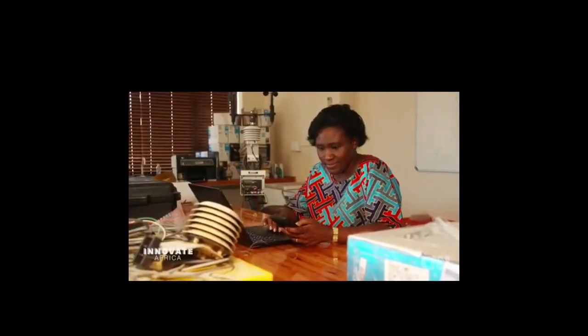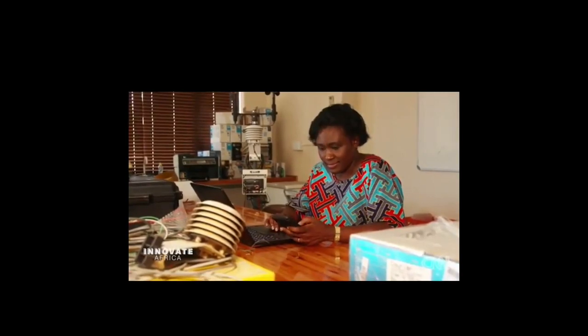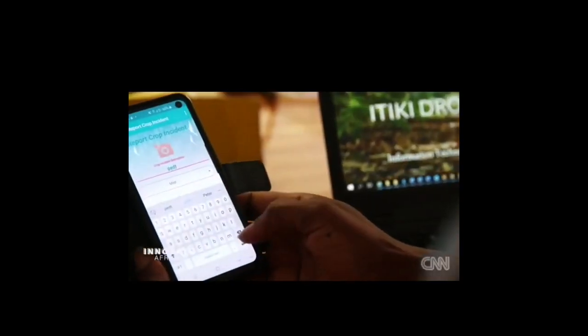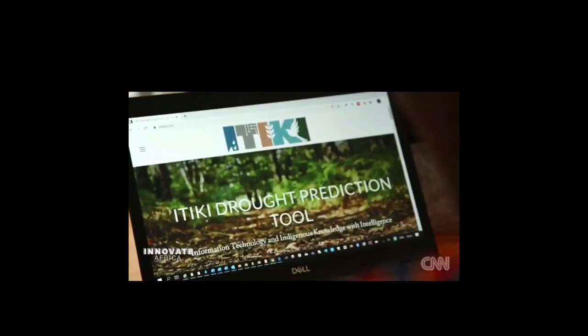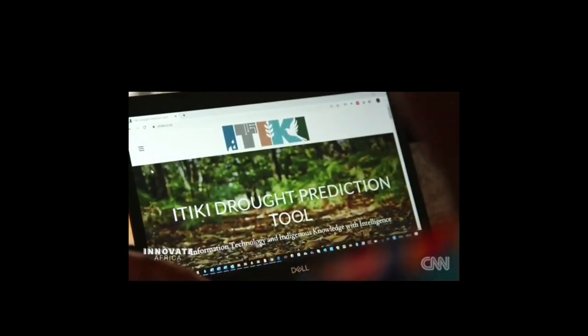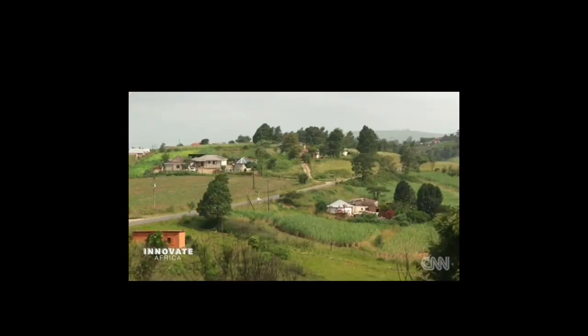Muthoni Masinde is a computer scientist in South Africa who created a website and mobile app that warns farmers about looming drought conditions. I grew up in the village, and I noticed that the farmers in the village do not have any form of science to tell when to plant or even where to plant and when.